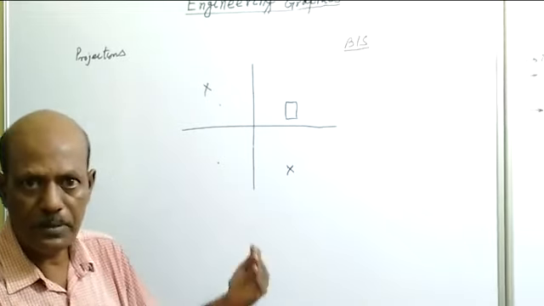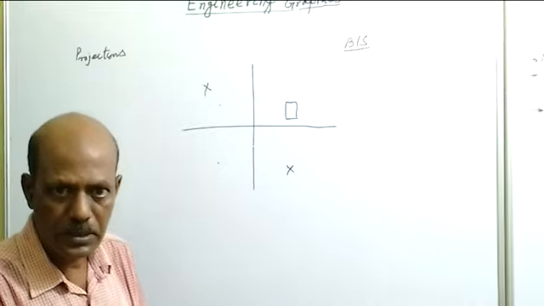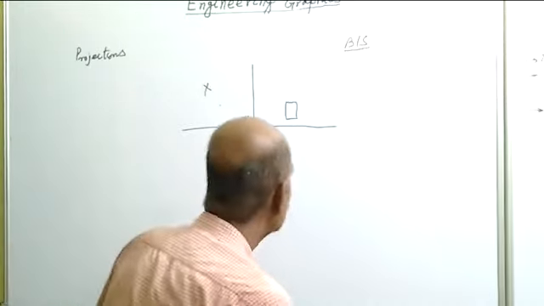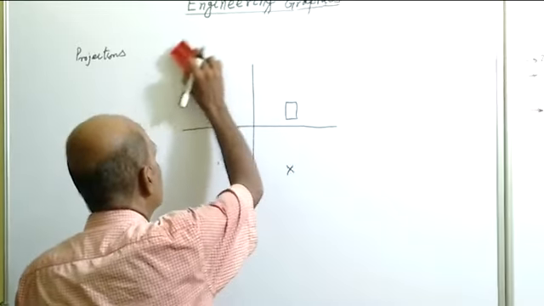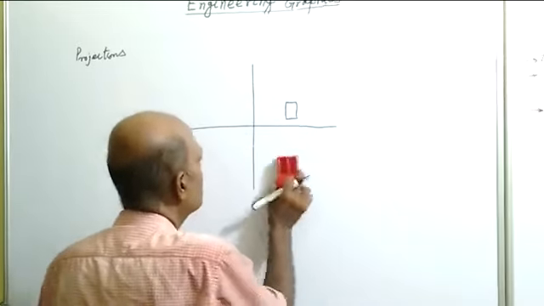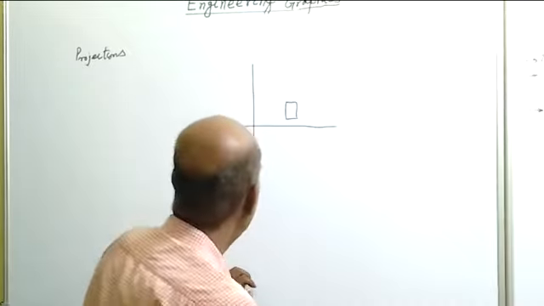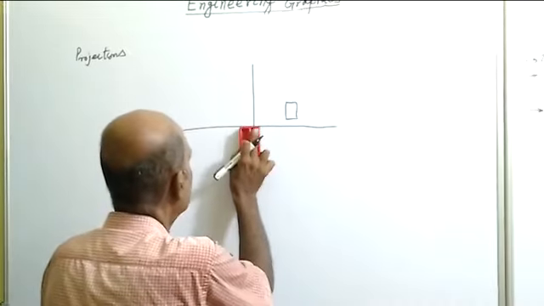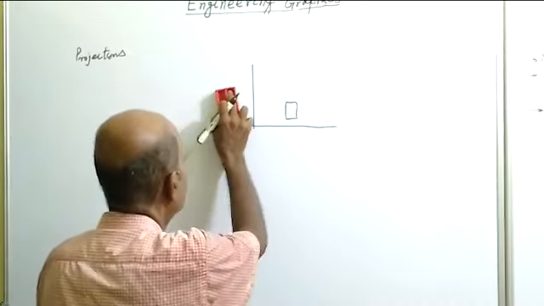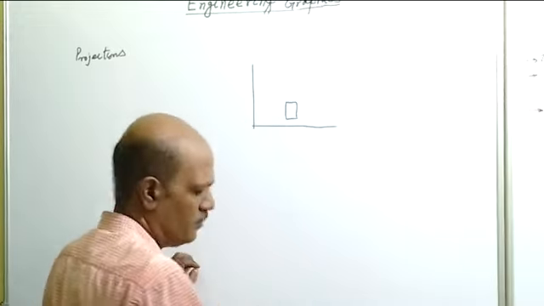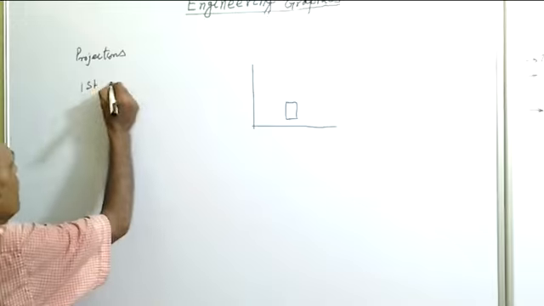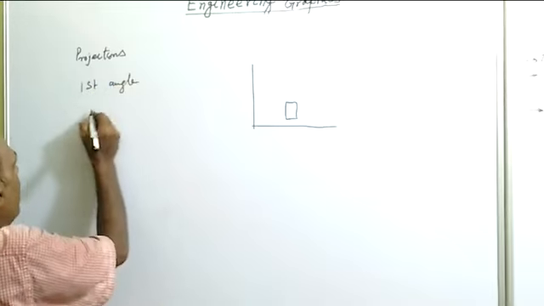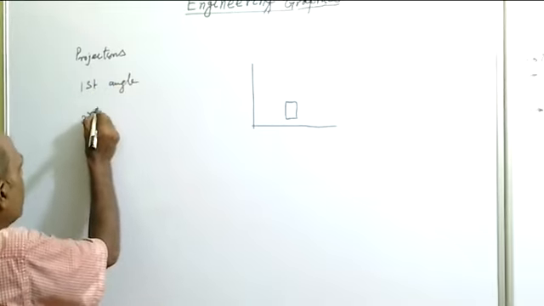Drawing the different views of an object is called projection. We are considering only first angle projection first. We can draw using first angle projection and third angle projection.